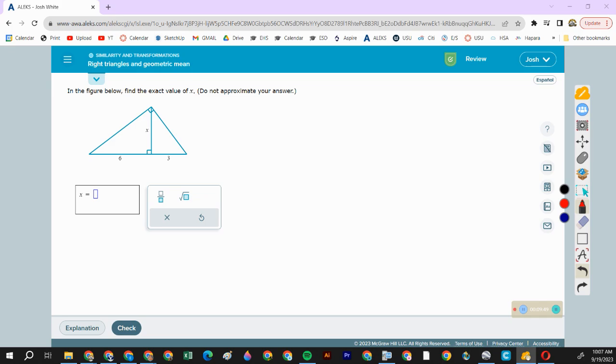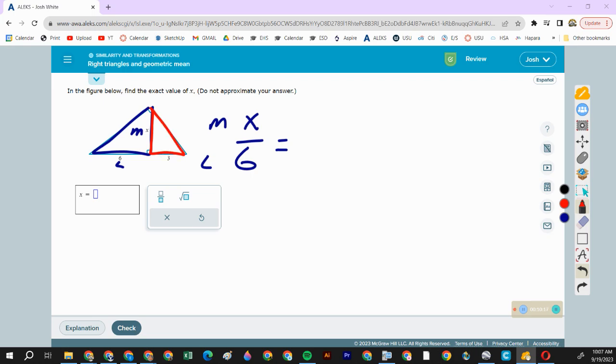Okay. So if we look at the middle-sized triangle, this is long and this is middle. So x over 6 would be middle divided by long is equal to, well, let's look at this triangle.